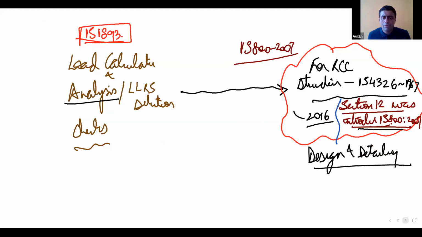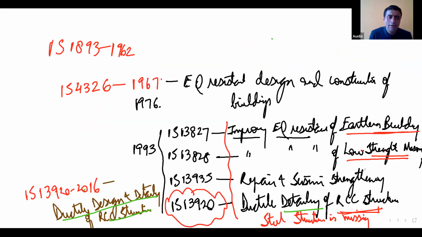Then we had prescriptive codes for the earthen buildings. We had prescriptive codes for masonry structures. We had prescriptive codes for repairing and seismic strengthening.